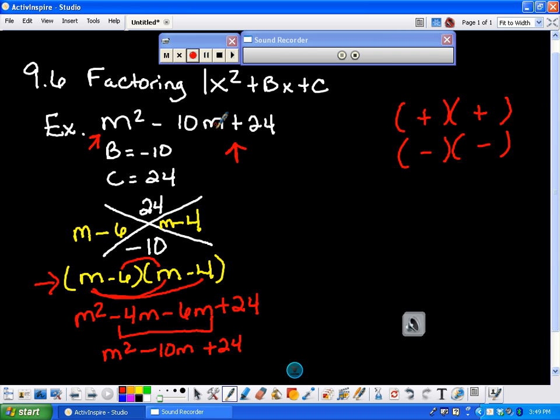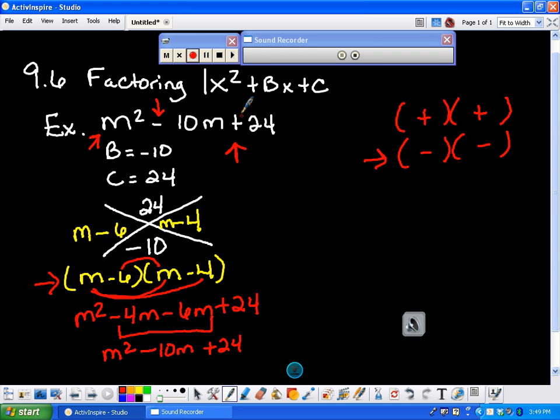This sign here tells me that they're both going to be negative. If this was a plus 10m, then I would know that they both have to be positive.